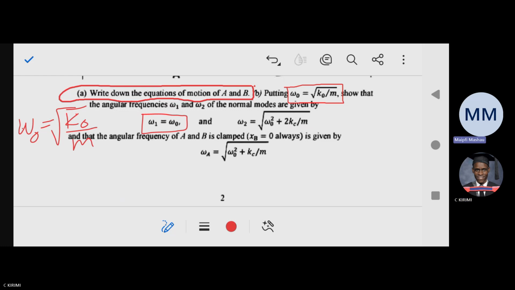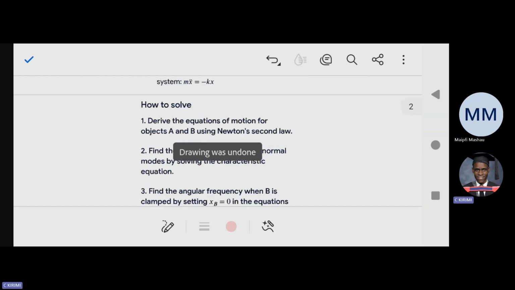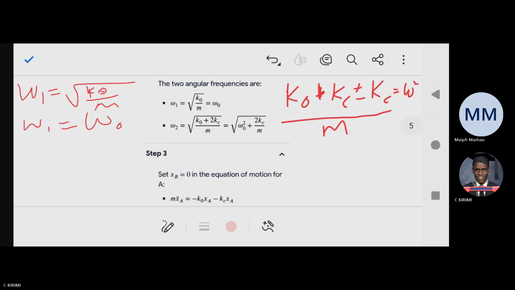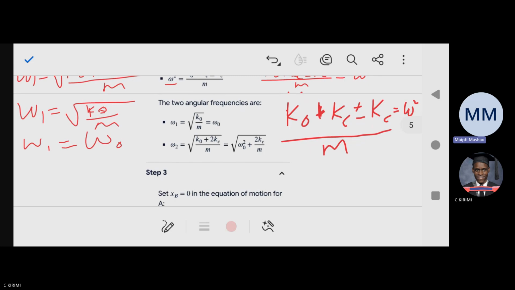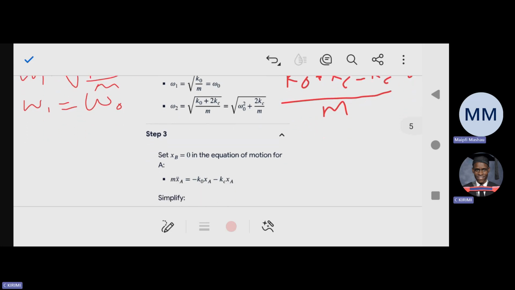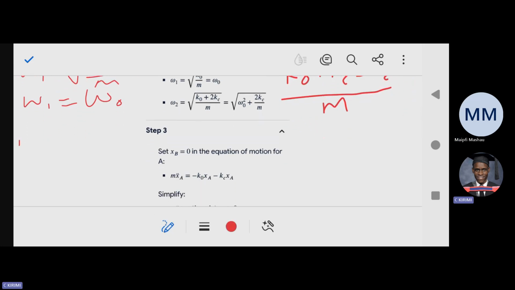So once I'm here, what is the other root going to be equal to? You come here, where I put a negative, now I'm putting a positive. That's going to be W2, my second root.